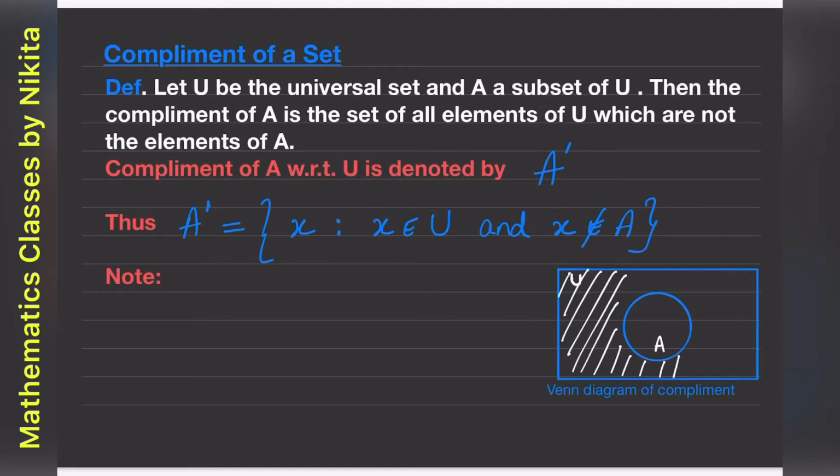So outside A. So this is your complement of A. The shaded region in white color is A complement. I hope you got the concept.